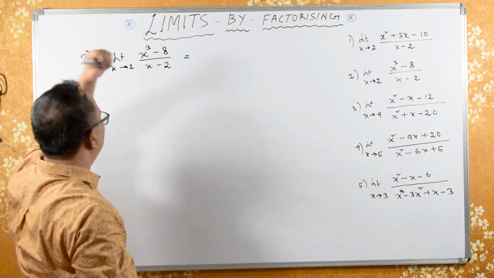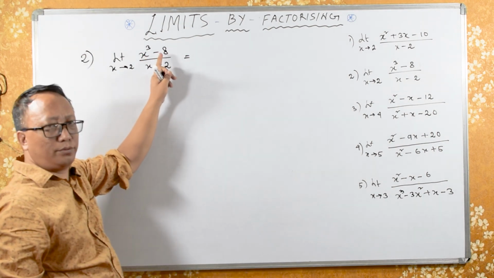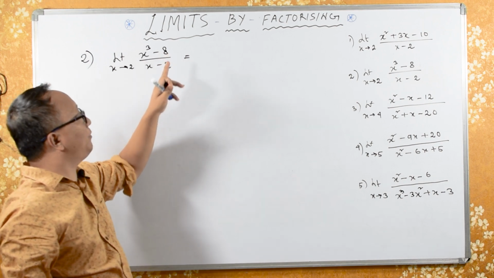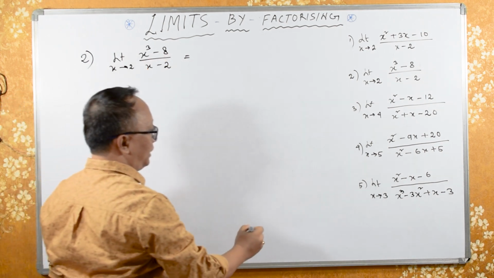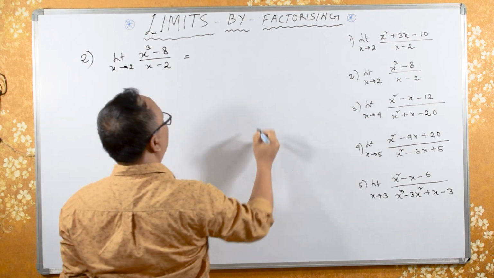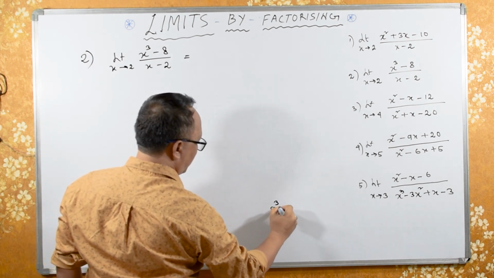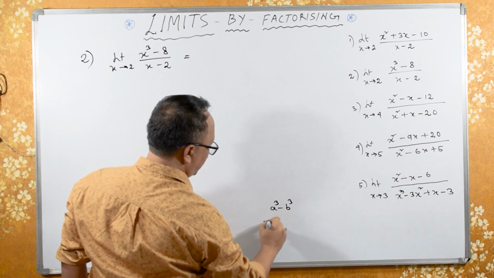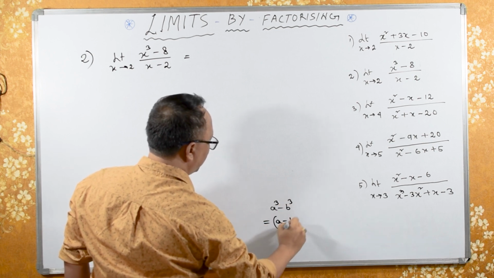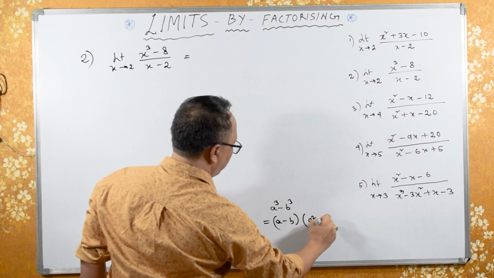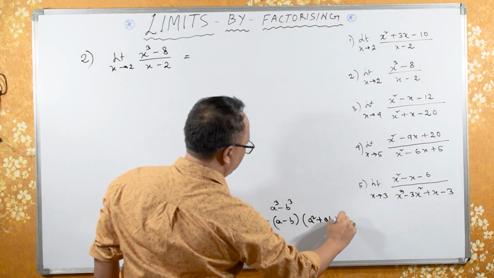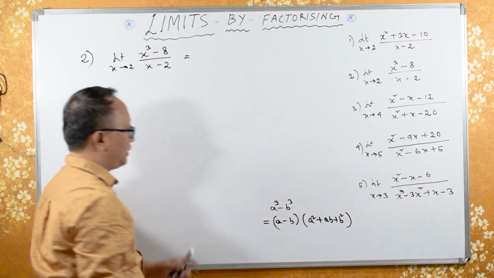Now x cube minus 8, instead of 8 we can write 2 cube. Here we have a cube minus b cube, which is a minus b times a square plus ab plus b square. We can use this formula.